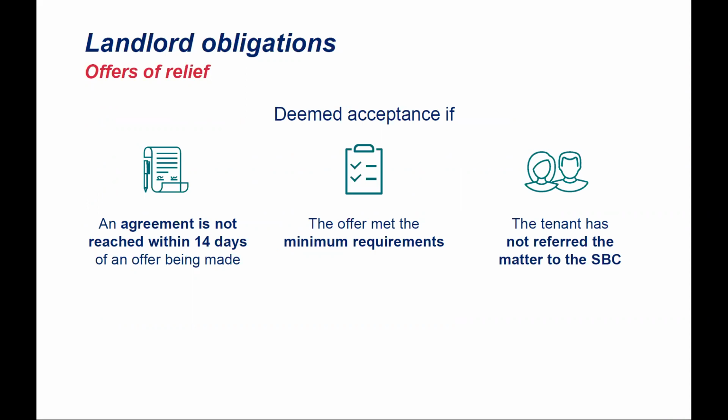So if an agreement is not reached within 14 days and the offer provided meets the minimum requirements, then the landlord is deemed to have accepted the rent relief requirements, regardless of whether they want to or otherwise. The only exclusion to that is if the tenant has previously referred a matter to the Small Business Commissioner for mediation, in which case the deemed acceptance rules do not apply to the landlord.